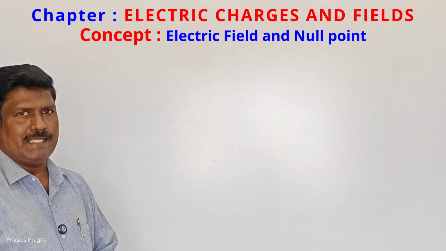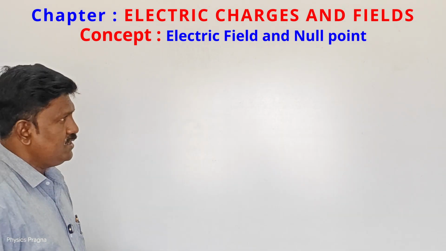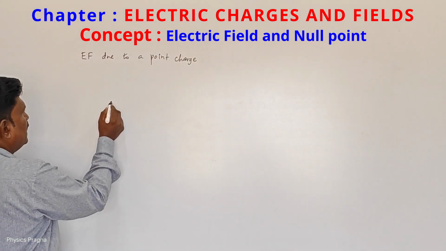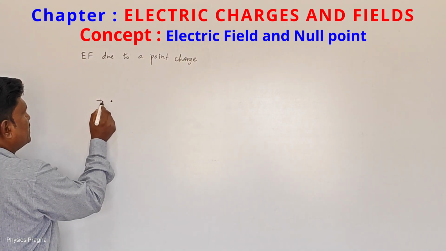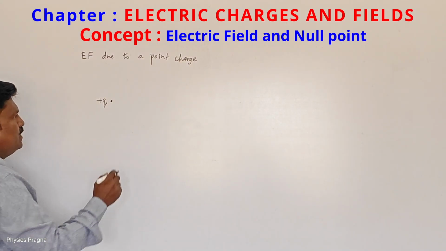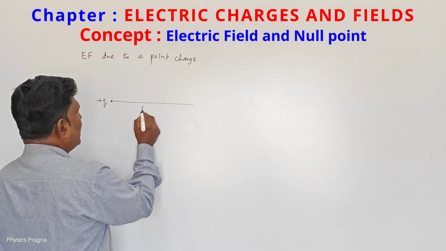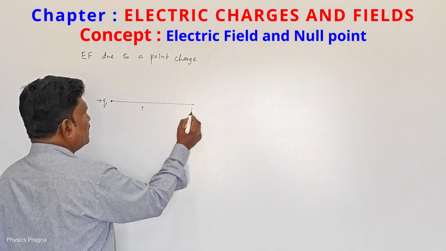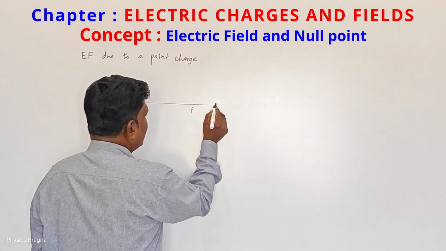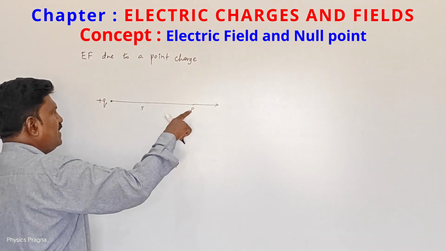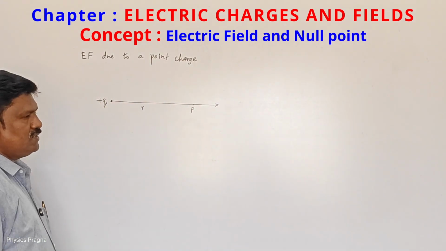Let us see what the electric field due to a point charge is. Let us consider a point charge Q here, at r distance, at point P. The electric field direction, see, it is positive, so the electric field goes away from the positive charge.